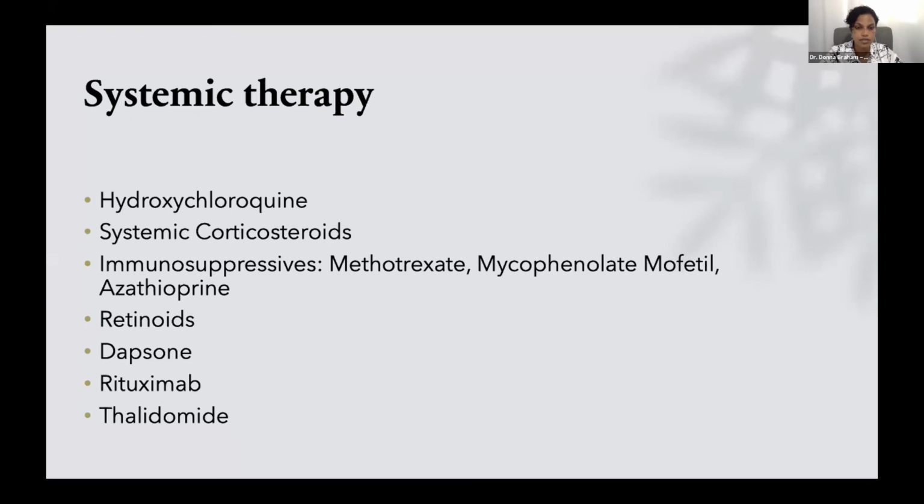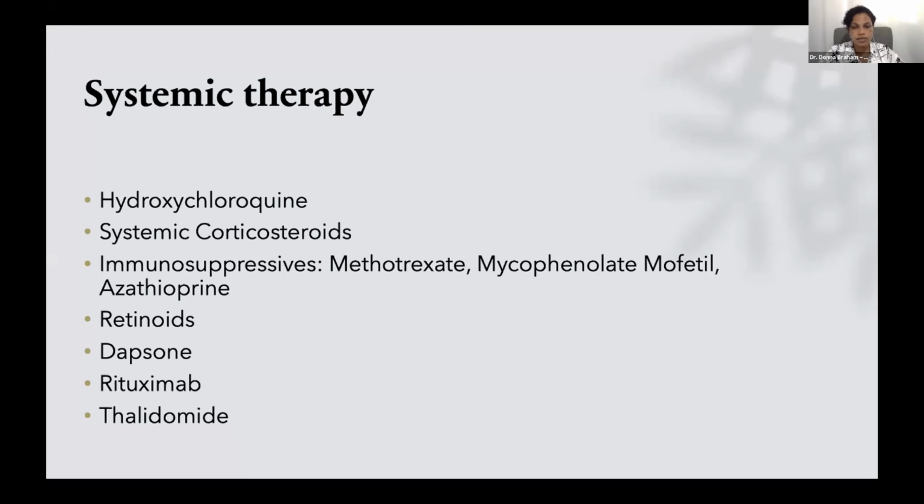Systemic corticosteroids can be used. Ideally, what you want to do is to start immunosuppressants early so that we can then taper down the dose of the systemic corticosteroids quickly, so you don't have as much steroid-induced hypertension and diabetes developing.